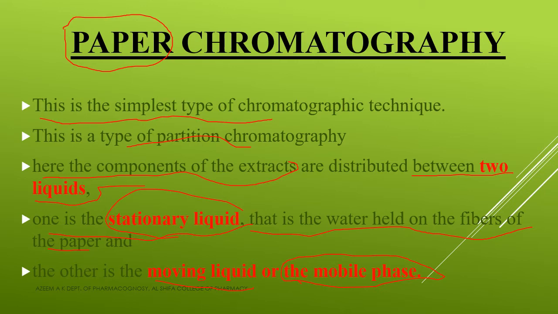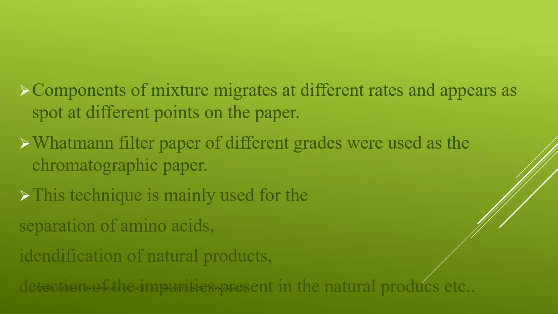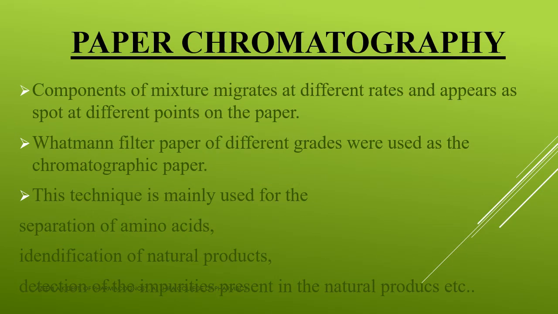Clear? So it is the simplest type of chromatographic technique, and it is a type of partition chromatography, and here the components of the extracts are distributed between two liquids. The first one is a stationary liquid, that is the water which is held on the fibers of the paper, and the second one is a moving liquid or the mobile phase. And here the components of the mixture may migrate at different rates. Okay.